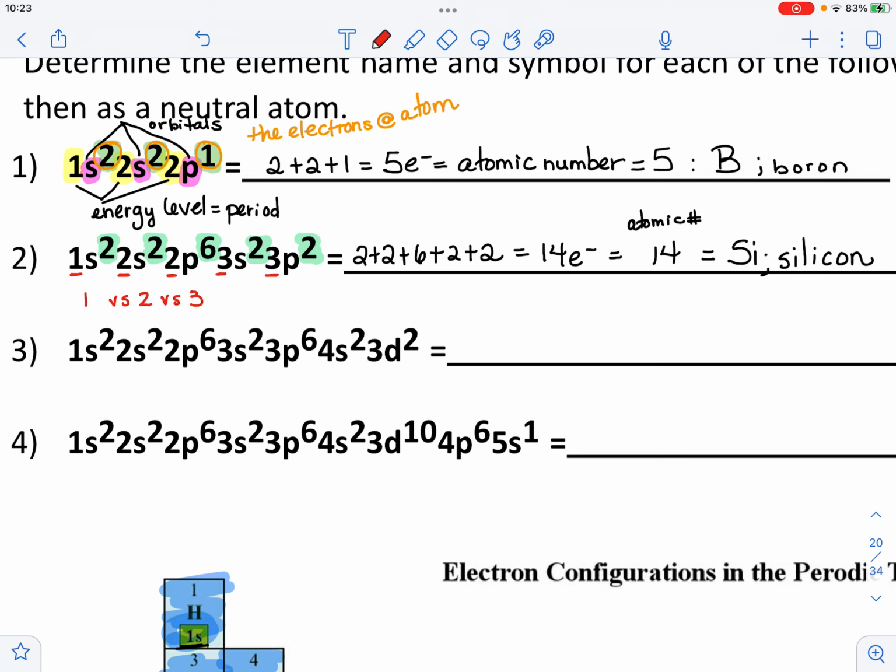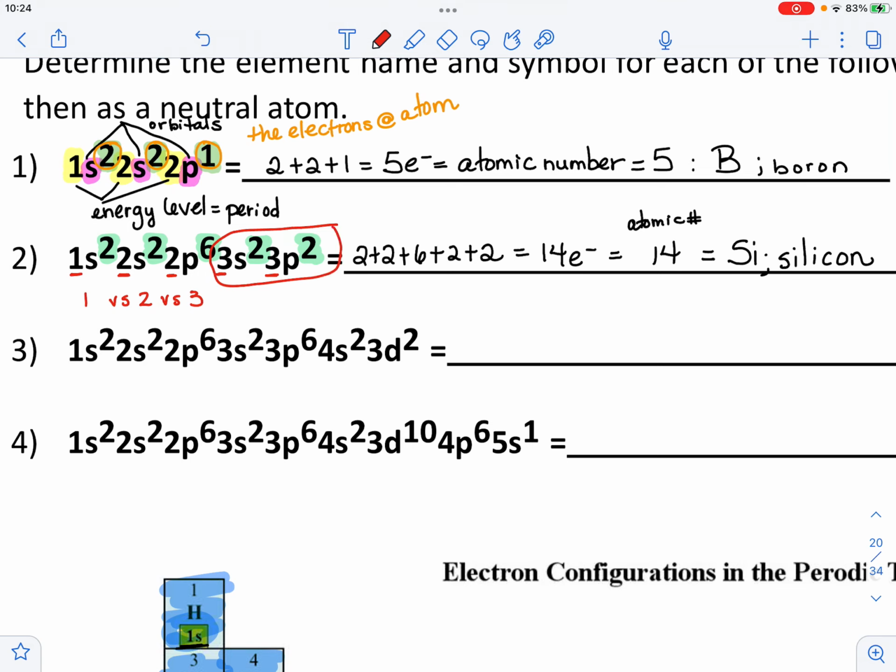So if something is in the outermost shell, that means that it's going to be the largest of those digits that represent the energy level or the period. So as you can see, for this example, the largest value that I have is number 3. So I'm going to circle all of the orbitals that I have at level 3.